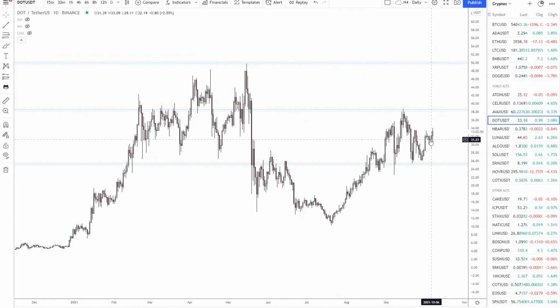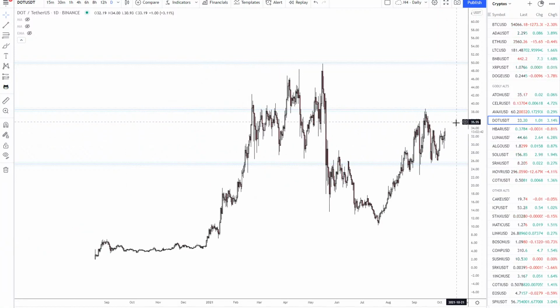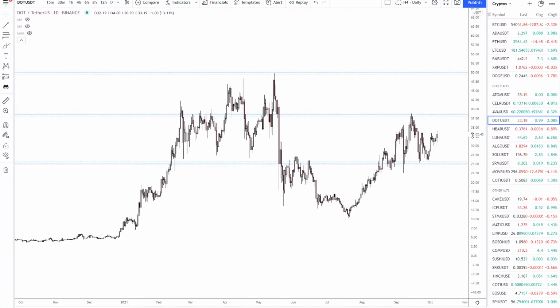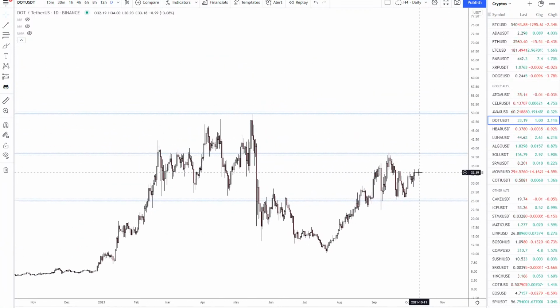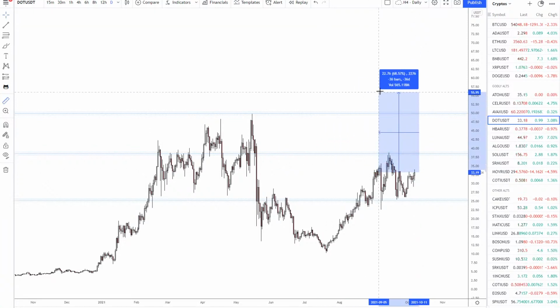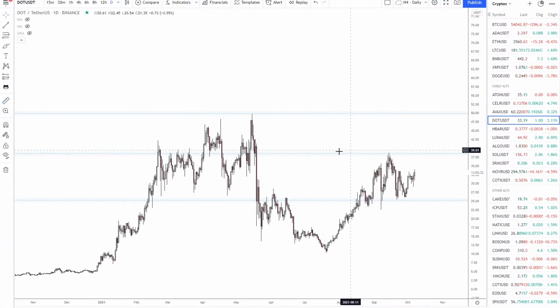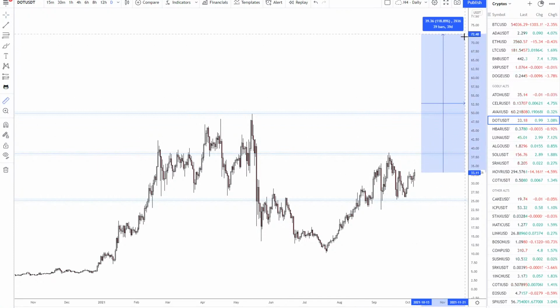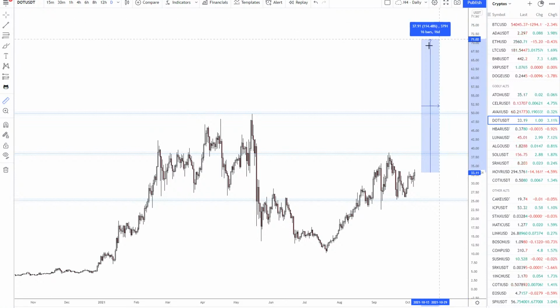So this DOT is a very good altcoin to have. This could go from $33. This isn't really based on any analysis, it's just a bit of guesswork, so don't take my word for it. But if Bitcoin breaks all-time highs, I think DOT is probably going to fly from $33 where it's at now up to 70, 75, something like that.